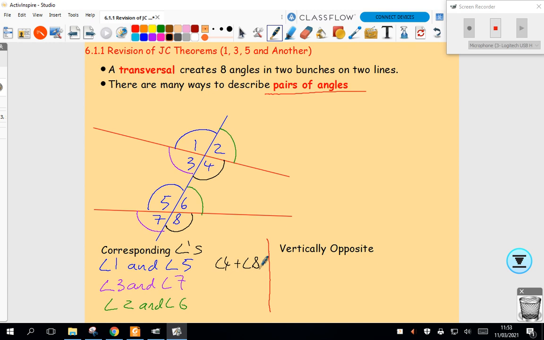Vertically opposite angles occur when two lines intersect, and they are just opposite each other. They share a vertex, but they do not share a side. So that angle there and that angle there would be vertically opposite angles. My first pair of vertically opposite angles would be angle 1 and angle 4.